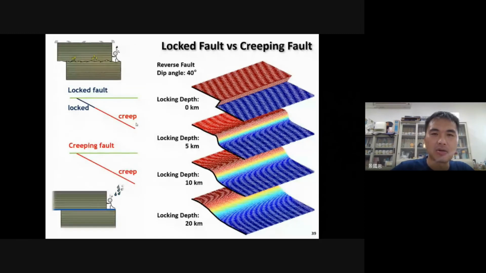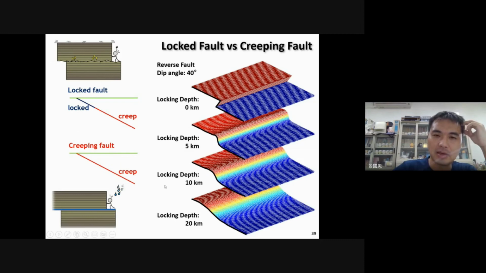So here, how do we identify the creeping fault? Here I just show you one concept. Here are the modeling results. If we assume the fault reaches the surface, that means the locking depth is 0. If the upper edge of the fault is at 5 kilometers, then you will see the velocity gradient is lower than this one.